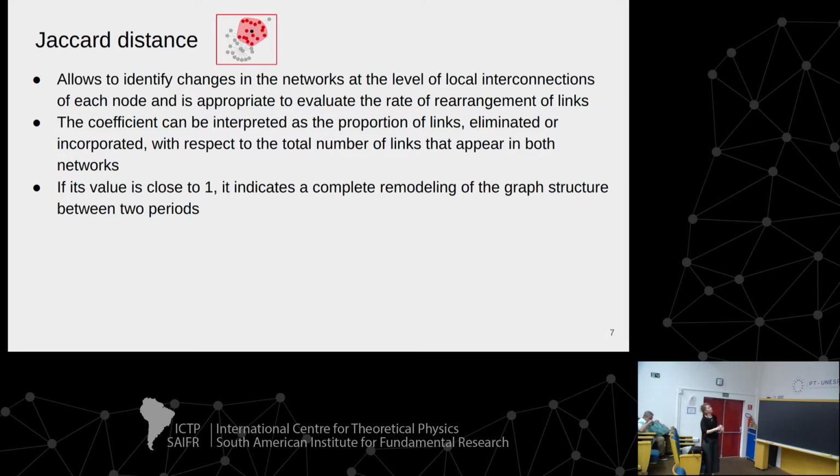So the coefficient can be interpreted as the proportion of links eliminated or incorporated with respect to the total number of links that appear in both networks, because I take the 2 networks because I compare 2 years. So I do it from year to year, year to year, because I will be comparing all the 24 networks, okay? And of course, the Jaccard distance is between 0 and 1, and if its value is close to 1, it indicates a complete remodeling of the structure.